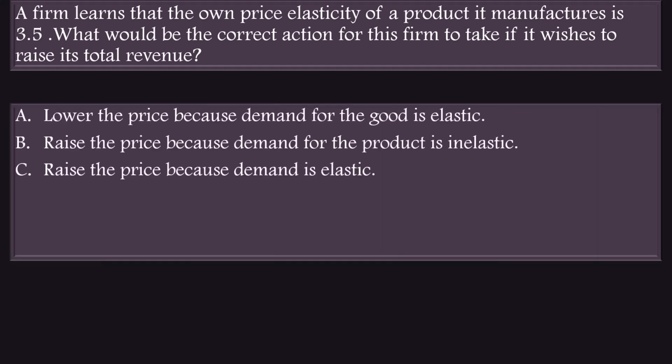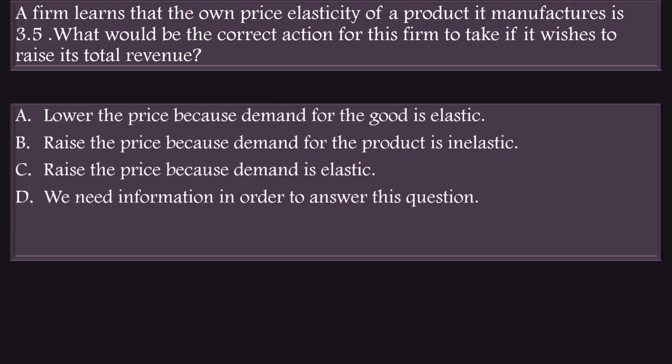A. Lower the price because demand for the good is elastic. B. Raise the price because demand for the product is inelastic. C. Raise the price because demand is elastic. D. We need information in order to answer this question.